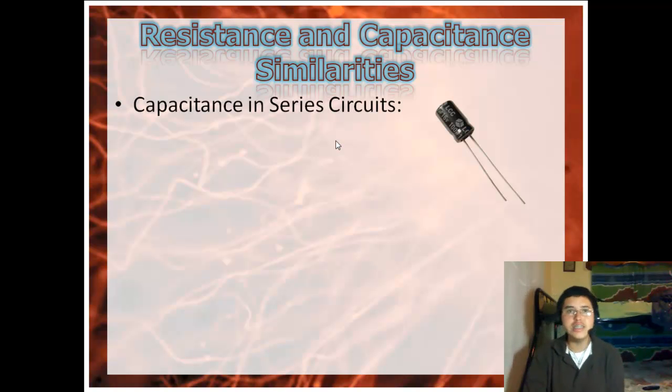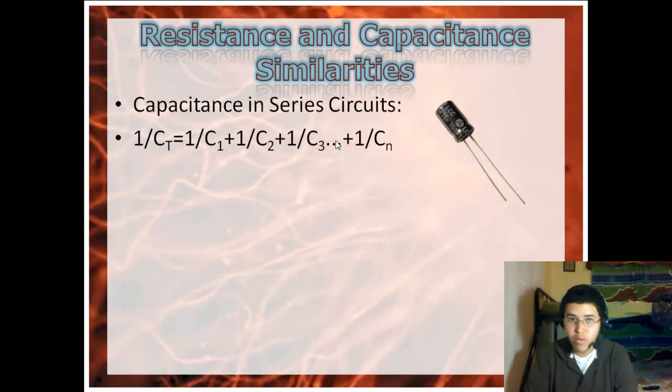Now we shall see the similarities in resistance and capacitance in capacitors and resistors. Here, for capacitance in series circuits, the total capacitance is the reciprocal of 1 divided by the first capacitance plus 1 divided by the second capacitance, and this continues throughout all the capacitances in the system.